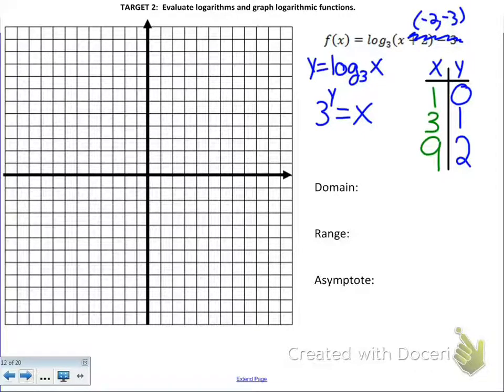Now we're going to graph these points. So we're going to graph the point 1, 0. And then 3, 1. And then 9, 2. But do not connect the dots yet. We're just putting those as placeholders right now. Now we're going to go back to our original equation, and we're going to look at the Hank point, because the Hank point is going to tell us our asymptote for this problem.